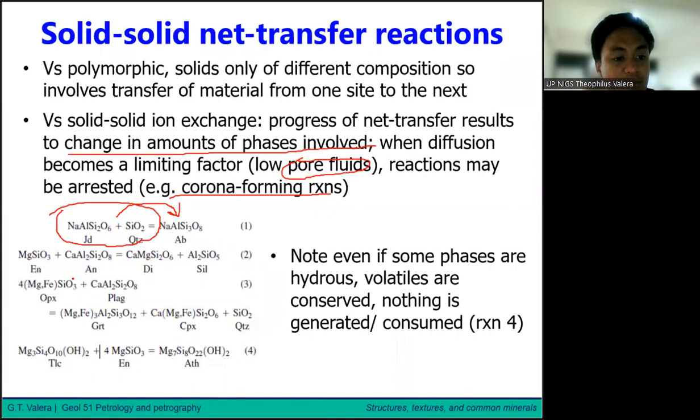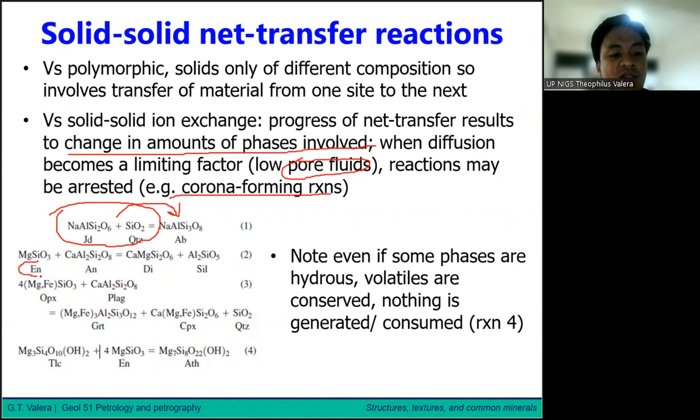So another example of solid-solid net transfer would be enstatite, anorthite. Enstatite plus anorthite equals diopside, sillimanite, OPX, and plagioclase. Take note that solid-solid net transfer reactions are actually very good geothermobarometric tools.